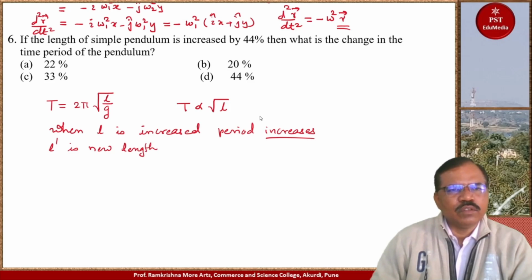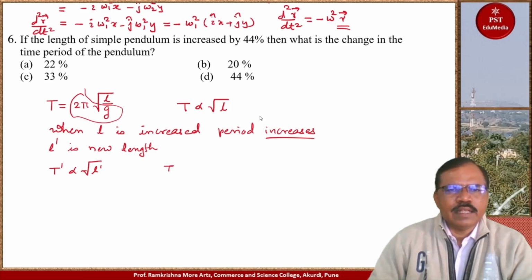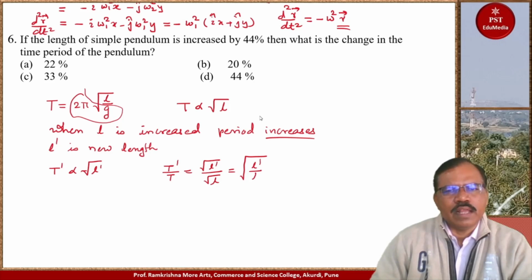So what is the new period? T dash is proportional to root of L dash. The proportionality constant is the same, so I can take T dash upon T equal to root of L dash upon root of L. So I can take this as root of L dash upon L.